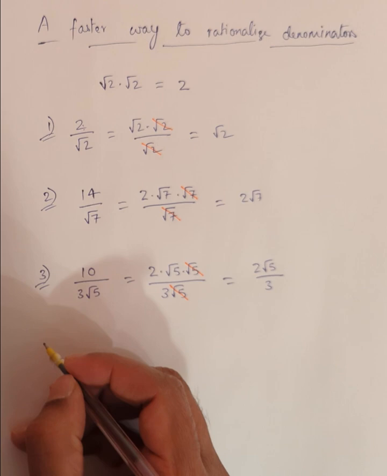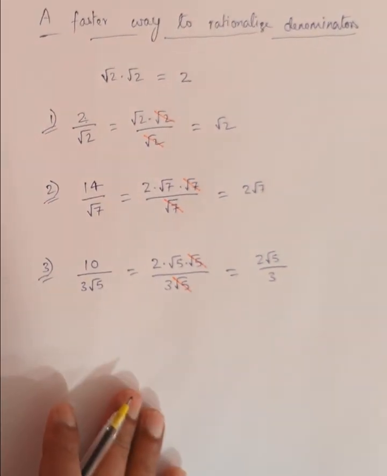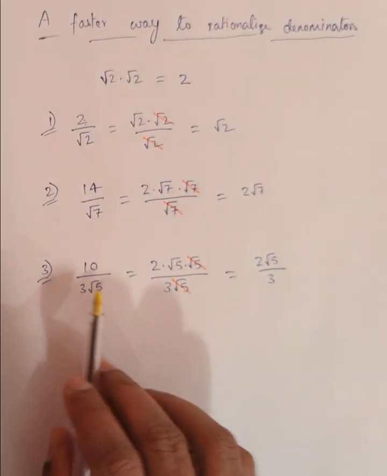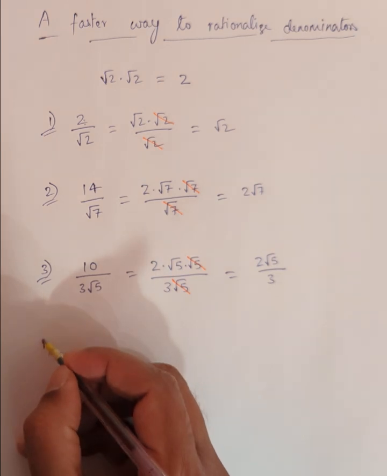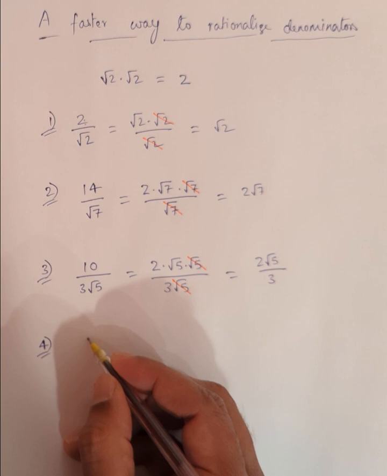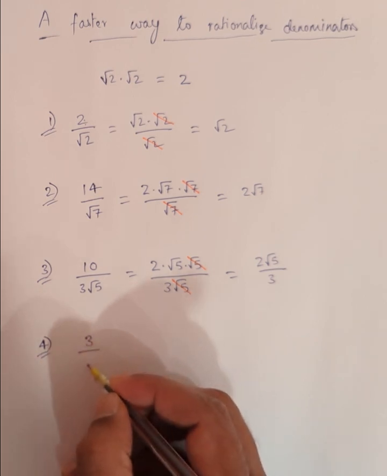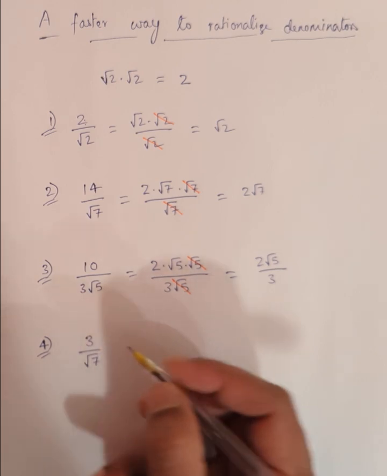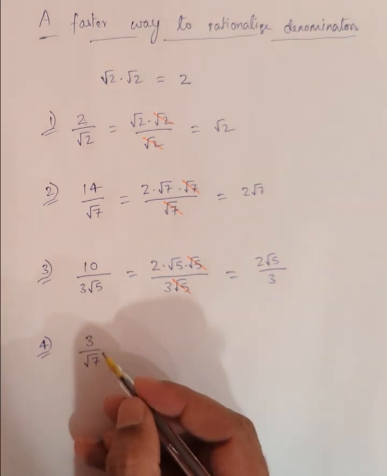Now, does this method always work? Can we always get it? And the answer is no. Sometimes what you have is 3 over, say, square root 7. Now, you can't break this 3 and have square root 7.